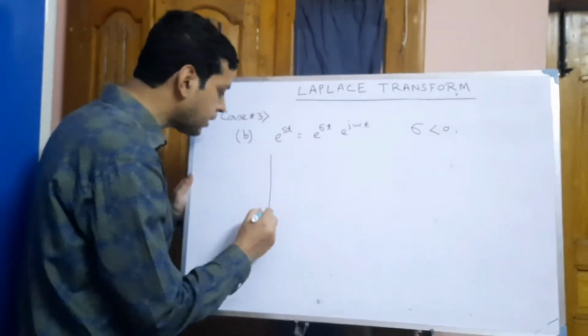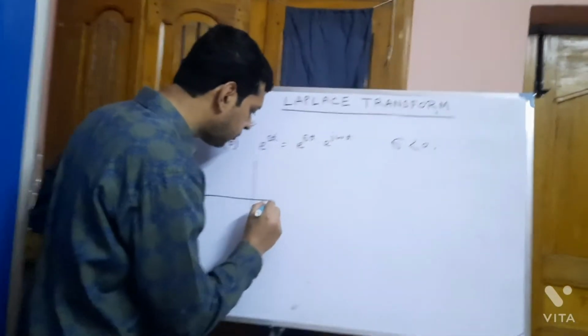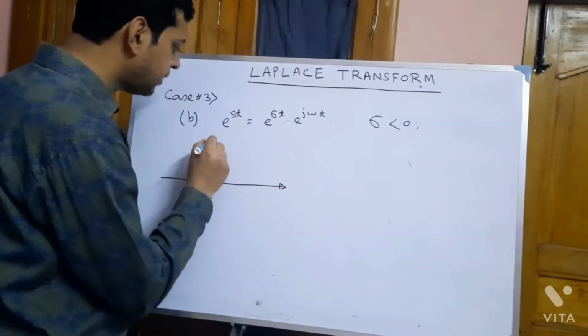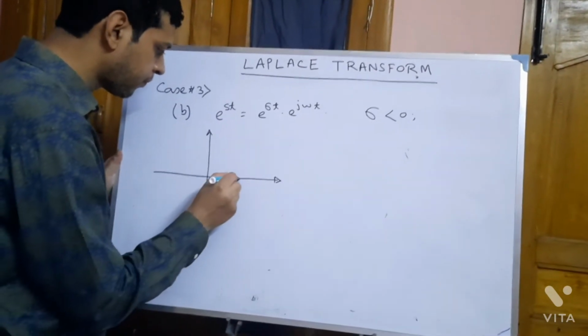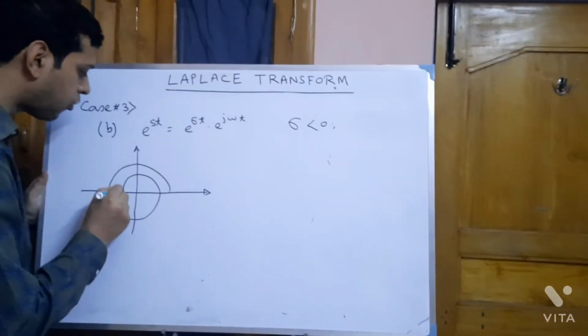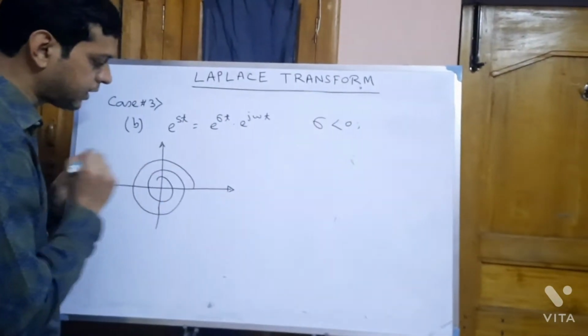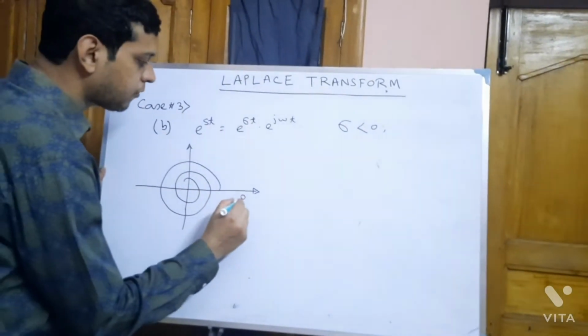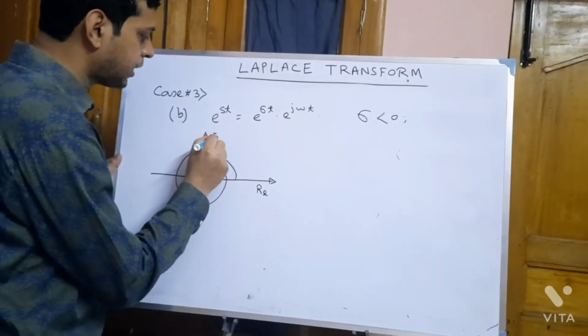Now e to the power st will take this form, the form of an Archimedean spiral.